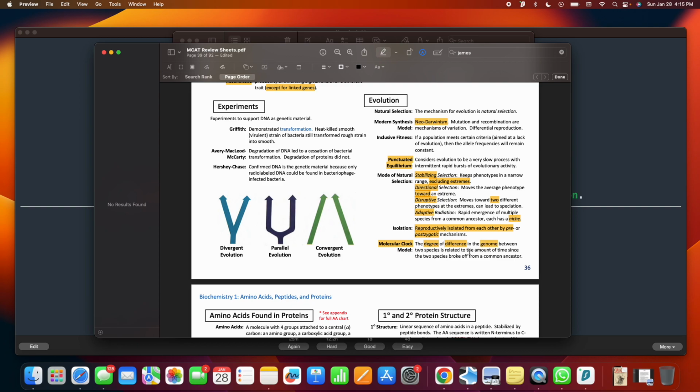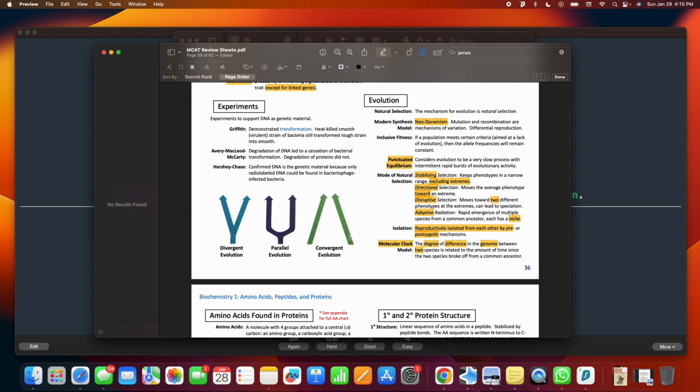Molecular clock. Yeah, I didn't know. I'm working right now on a project on the biological clock, and we have a molecular clock as well. Interesting.